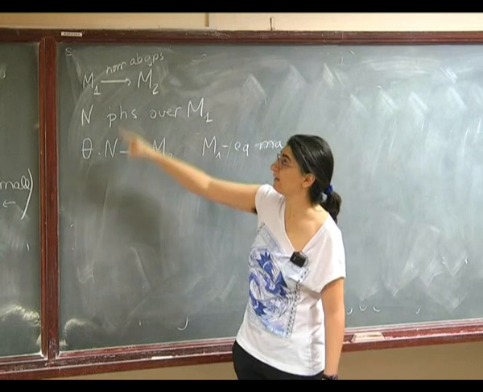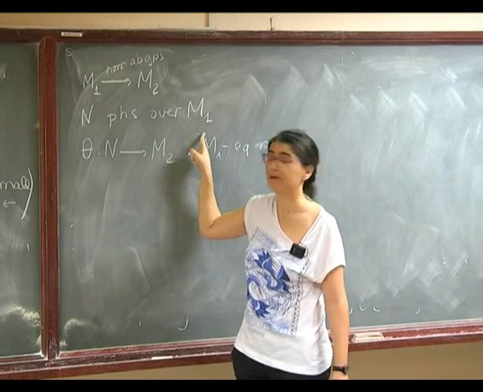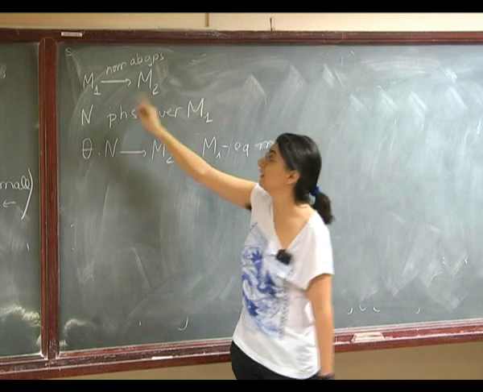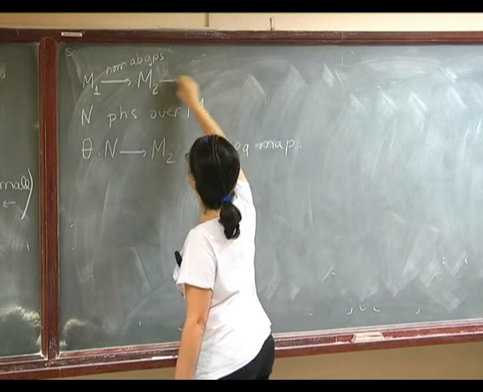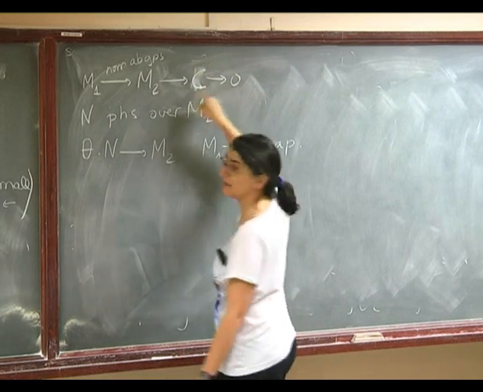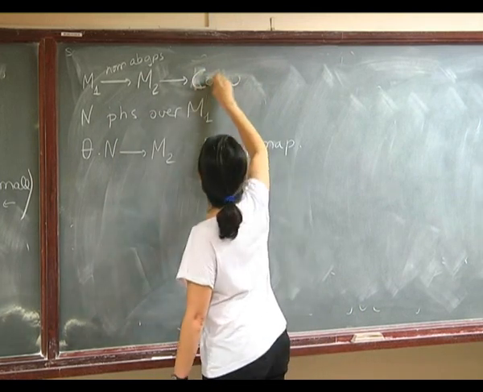Here M1 acts because N is a principal homogeneous space, and on M2 it acts by translation. Now you take the cokernel C.